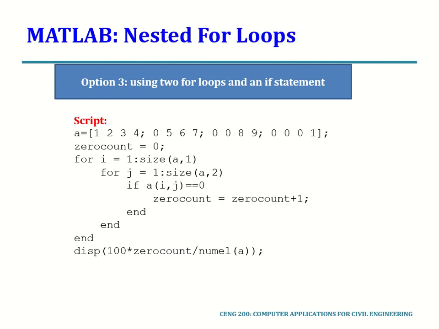They are using the size command, you can see here, and the count is initiated at 0. Then we are checking if each element is equal to 0, then count it. If not, don't count it. All the loops are run. Then outside the loop, we are calculating the percentage within the display command, and it can happen.